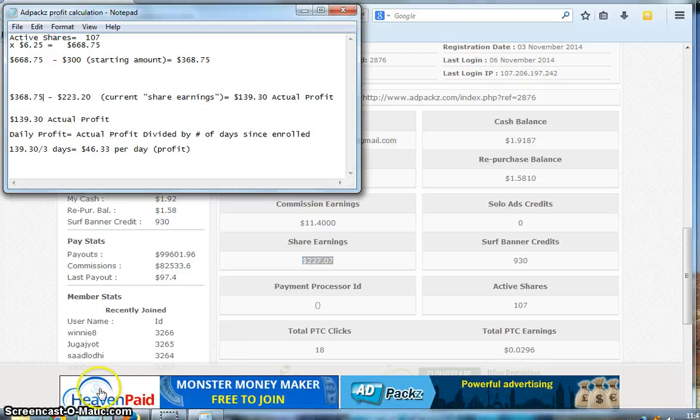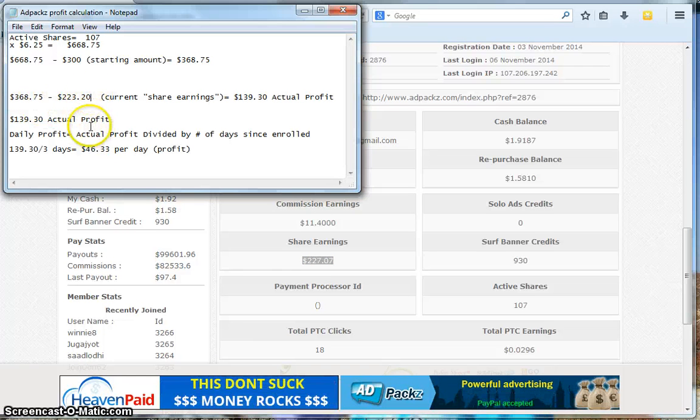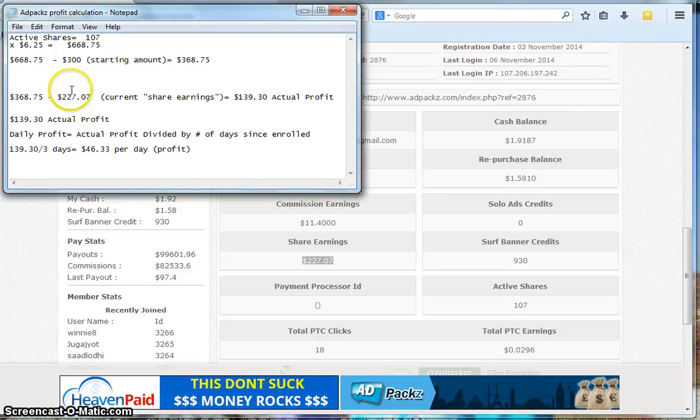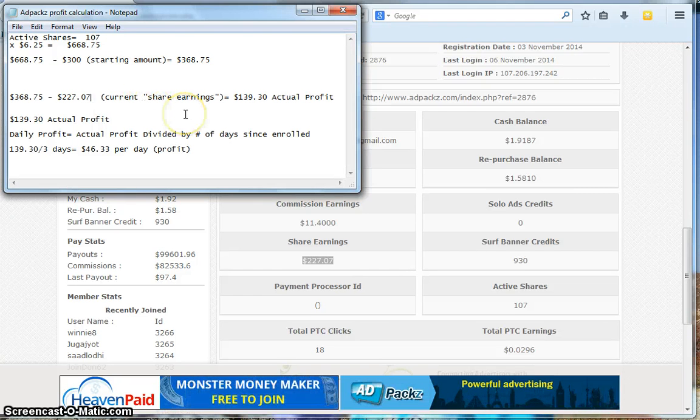So we're going to subtract from this dollar amount the actual share earnings, because we are using that to repurchase new shares. Since it's being used to purchase new shares, we need to subtract that so that we can get a handle on what our actual profit is.